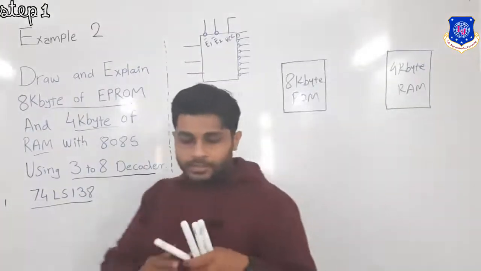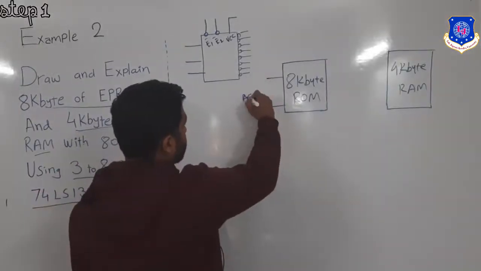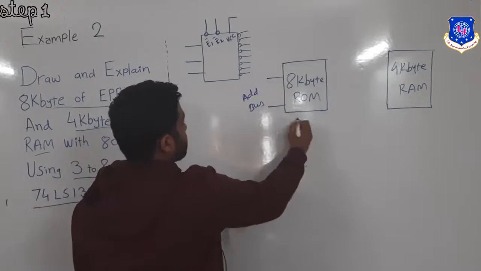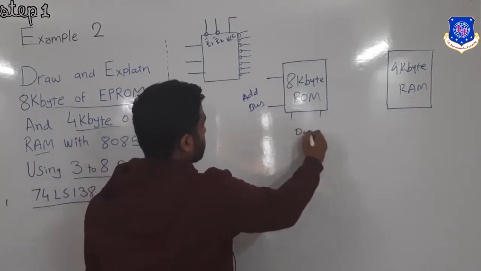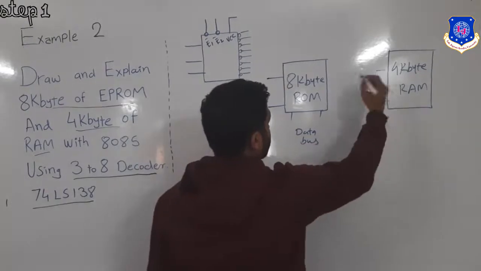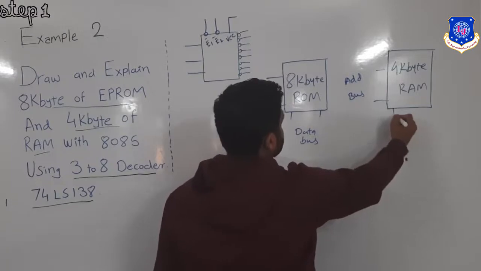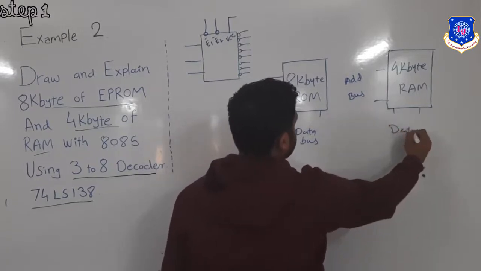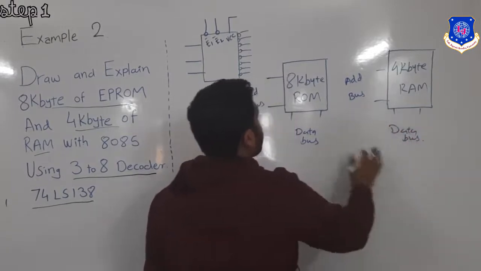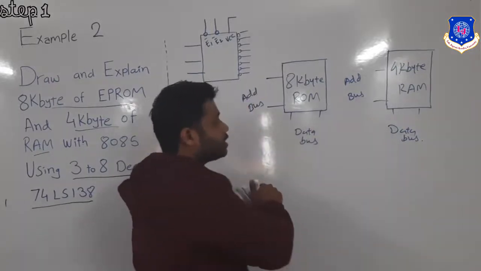So these two memories will have some address bus. This memory will have some data bus. Again this memory, 4K byte of RAM, will have some address bus and data bus, and both memories will have some control signal and the chip select.